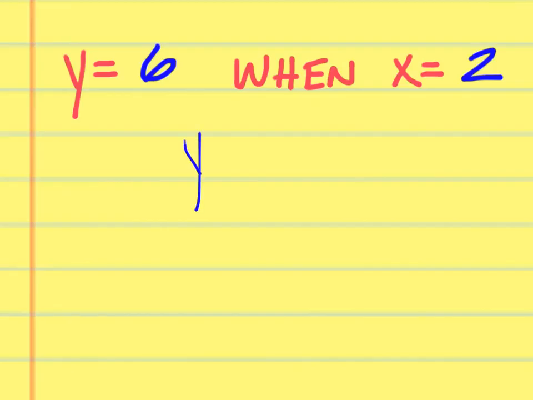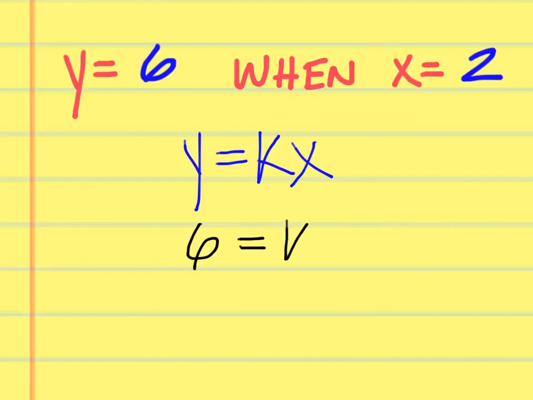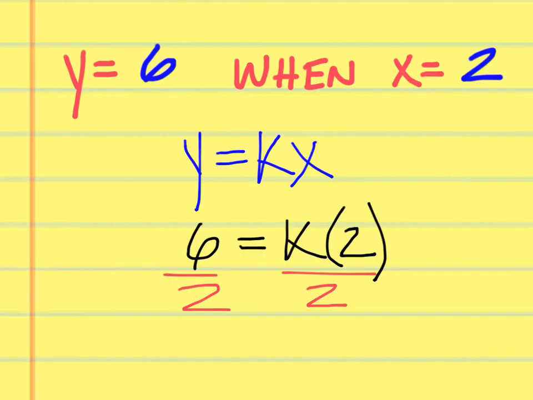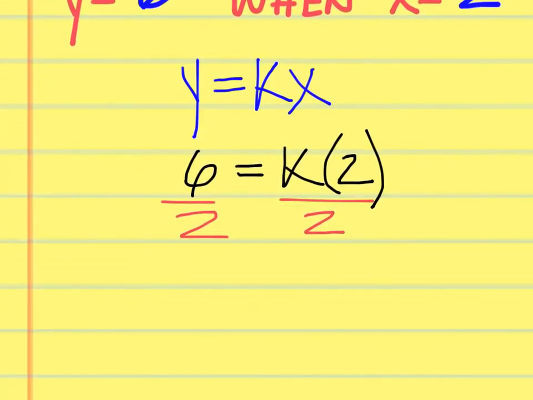So here is your general equation, y equals kx, and you insert y and x. So y is 6 and x is 2. Now solve for k. You can divide both sides by 2 since it's beside the k and come up with 3 equals k.